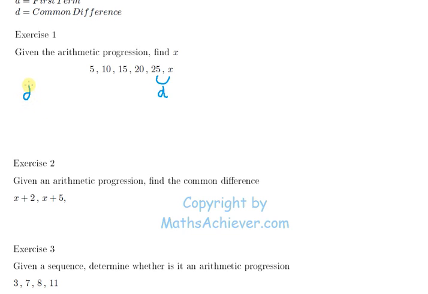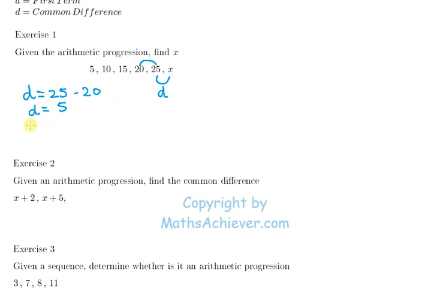So let's say we put up a formula here. D equals, we take this and take away this number, so we have 25 minus 20, which yields 5. So we know that D is 5.